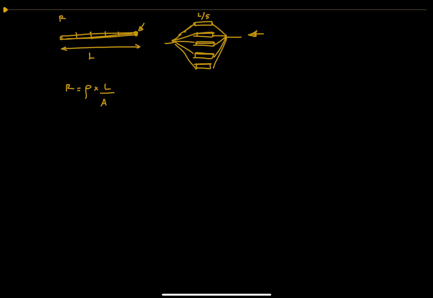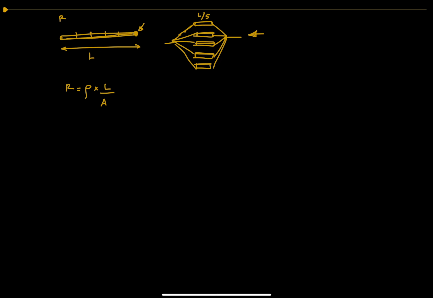Okay, so now when the wire is cut into 5 equal parts, the length of each part is divided by 5. So the new length of each wire piece will be L by 5. Okay, since the wire is cut into 5 equal parts, the resistance of each part will change. The resistance of each part is proportional to its length.